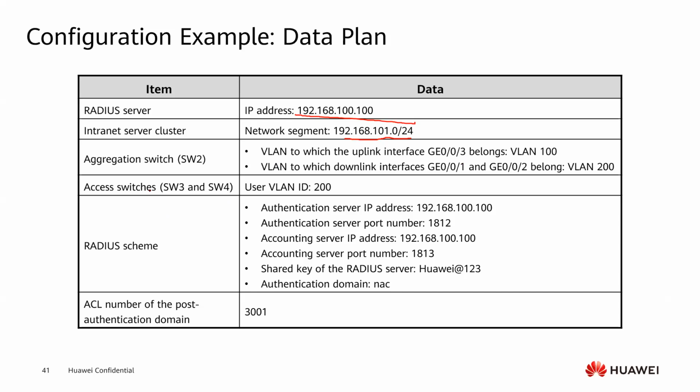And for the access switches VLAN, and for the RADIUS scheme for the authentication, for the accounting, and the password, and for the authentication domain. And finally it is about the authorization. We use ACL 3001 as the authorization information to control the traffic's access.